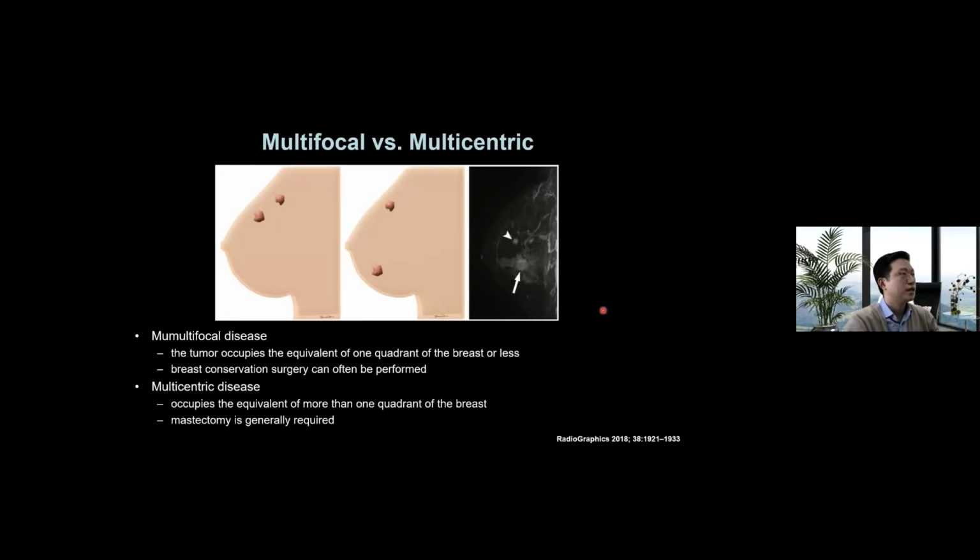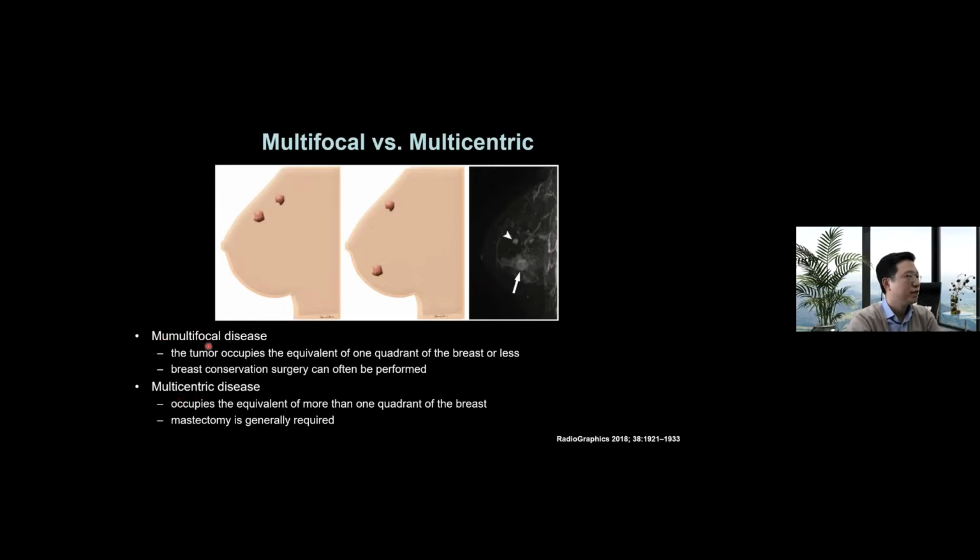And although it's not included in the T staging, multifocal and multicentric disease should be differentiated because of the different surgical method applied. So if there is multiple primary tumor lesion, you can say it's either multifocal or multicentric.